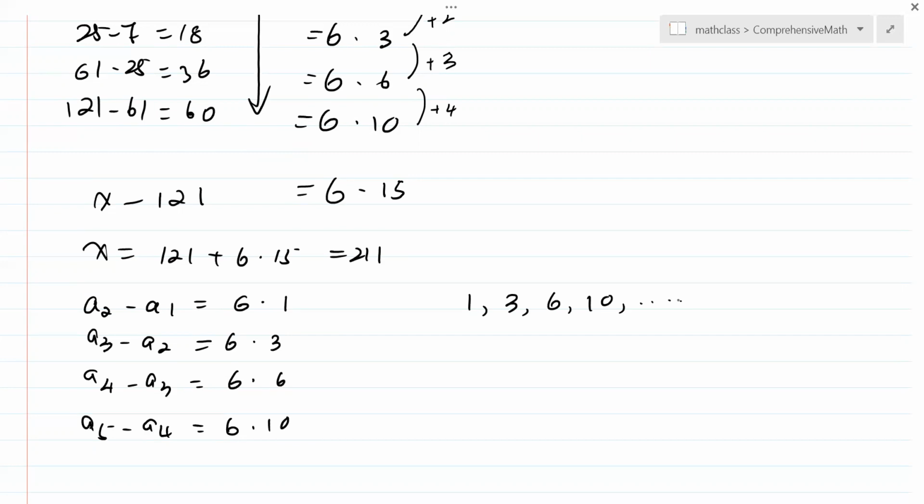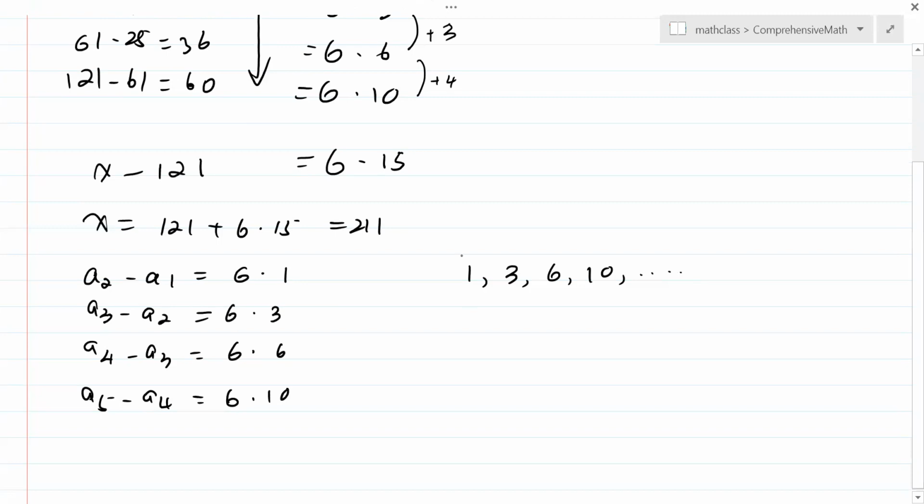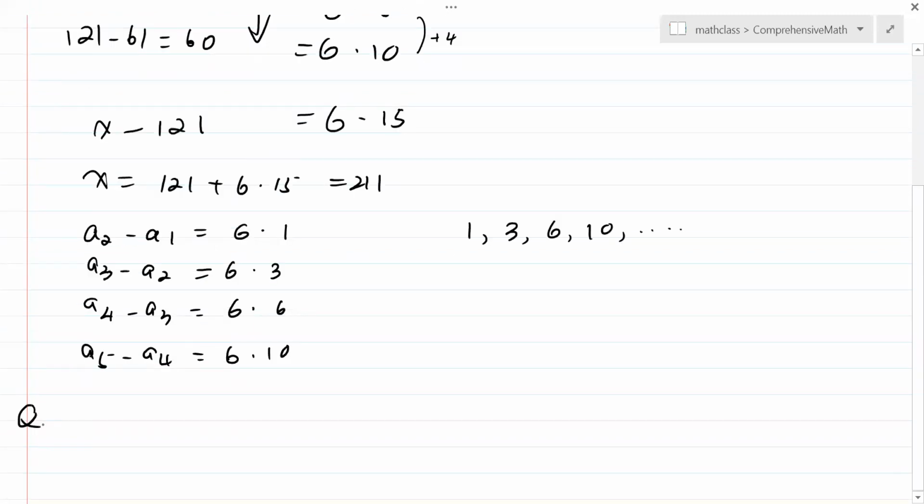This sequence increases by 2, then by 3. Let's do this again. Let's figure it out. So we come back to this problem.